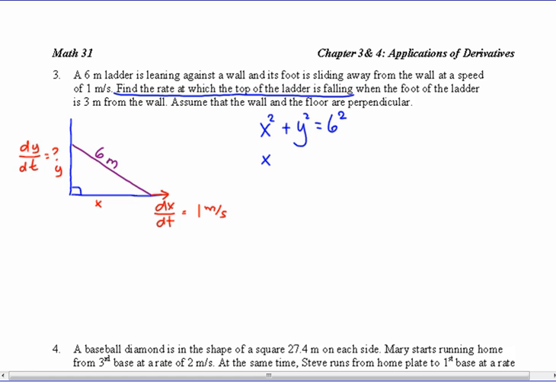So x squared plus y squared equals 36. One thing you can do, because you don't always know if you need to figure something out, is instead of doing our snapshot right away, we can derive first and then see if we need a snapshot.